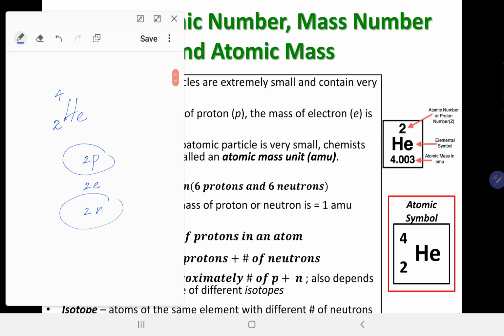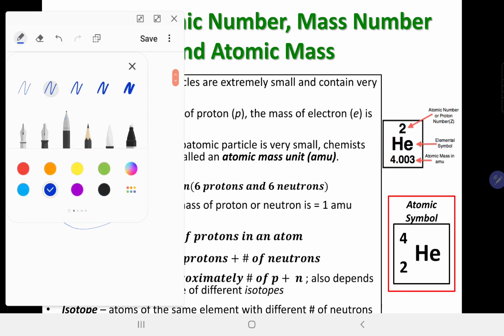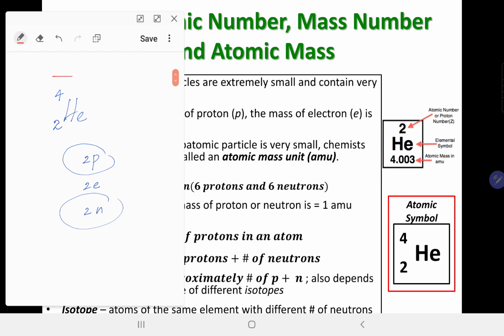So this symbol that I just drew, we call it the atomic symbol. Remember, this symbol is for atoms, not elements.